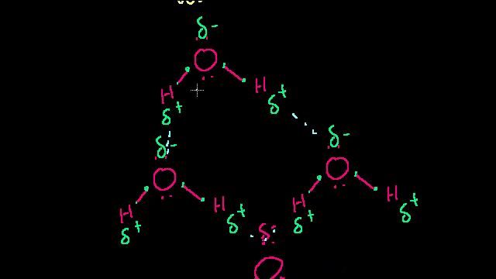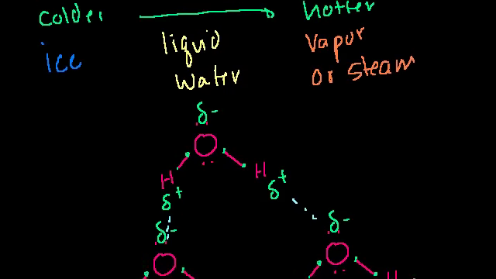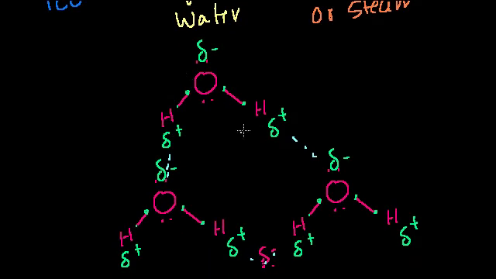I could draw a gazillion more, but I think you get the point that we're forming this kind of fixed structure. And while we're in the solid state, as we add kinetic energy, as we add heat, what it does to the molecules is it just makes them vibrate around a little bit. So the kinetic energy just makes these, if I was a cartoonist, the way you'd draw a vibration is put little quotation marks there. That's not very scientific.